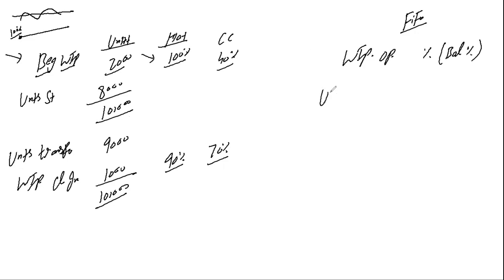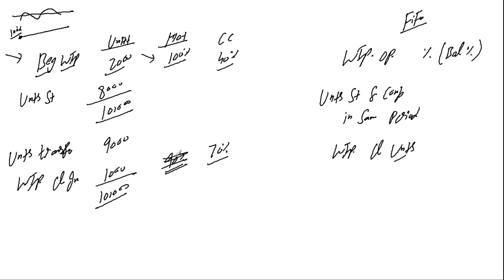Next one, students, we said that units started and completed in the same period, and then we are having work in process closing units. Students, I'm just changing my assumptions here a little bit.